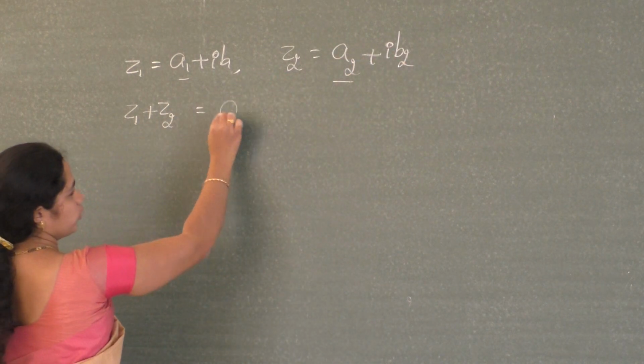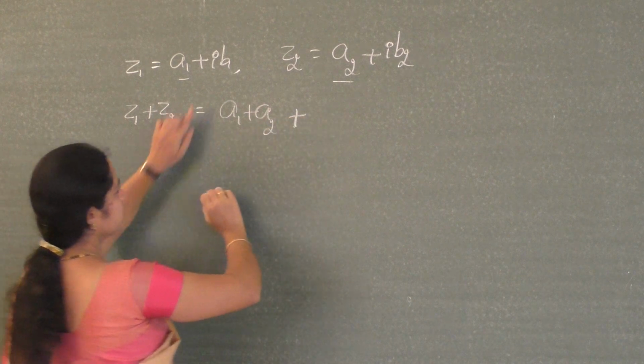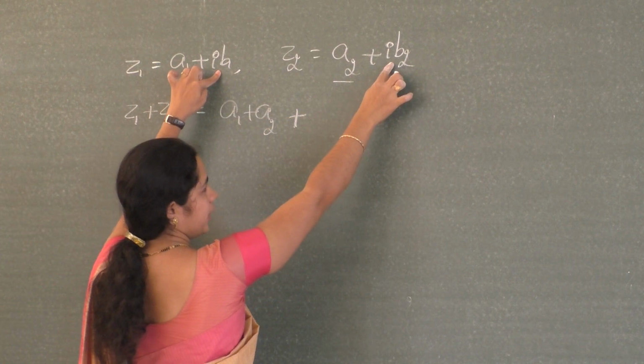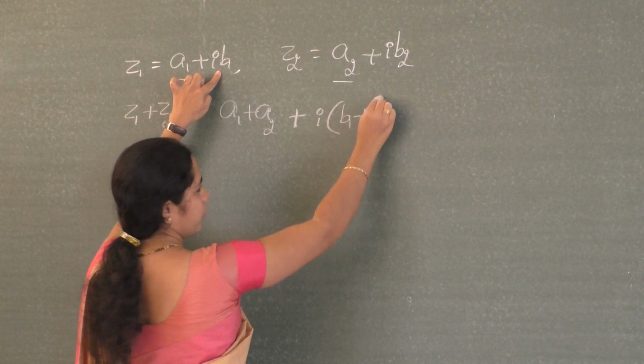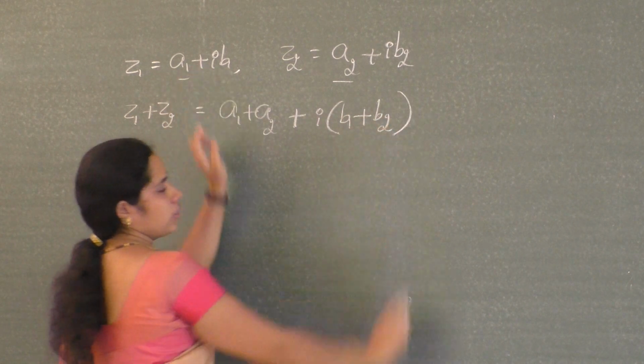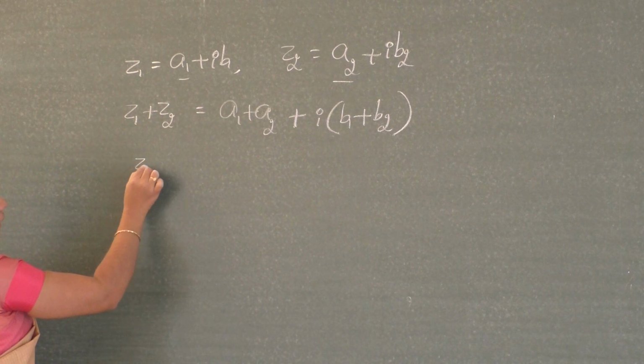That is a1 plus a2 plus ib1 plus ib2. We can take i outside, so i into b1 plus b2. Similarly for subtraction also.